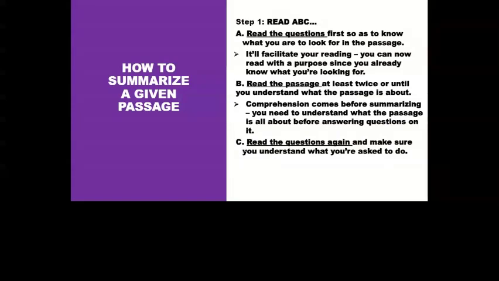Now, C is read the questions again and make sure you understand what you are asked to do. Okay, read the questions again. And then we go back to the question, and then we read it again. In 6 sentences, one for each, summarize the qualities that the writer advises parents to instill in their children.